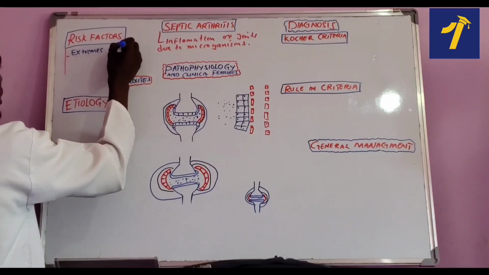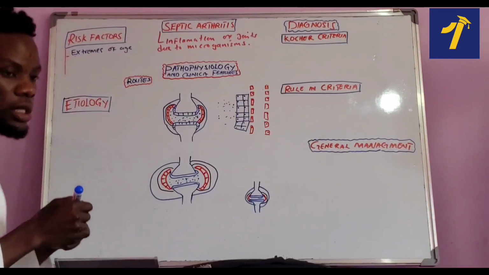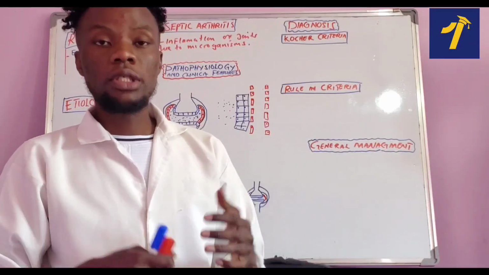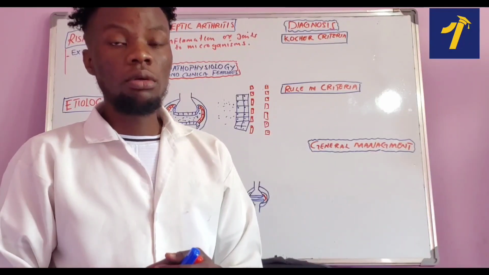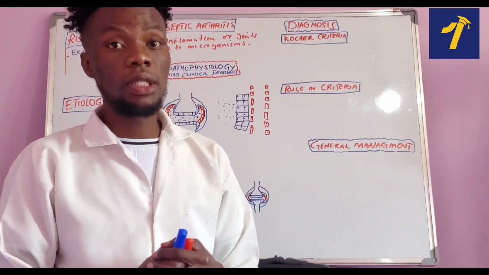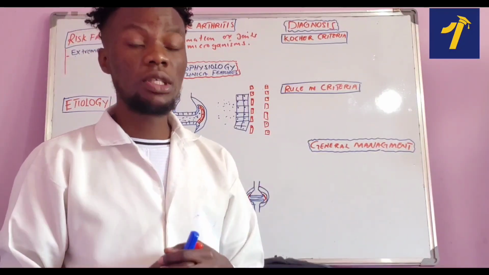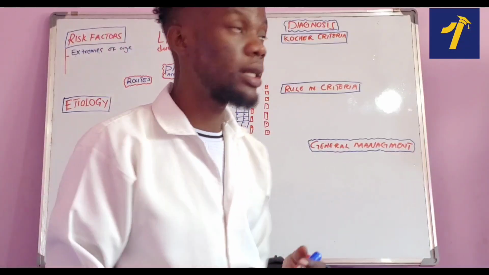So what does that mean? In children, septic arthritis is common, as well as in the elderly. That's why extremes of age is one of the risk factors of septic arthritis.